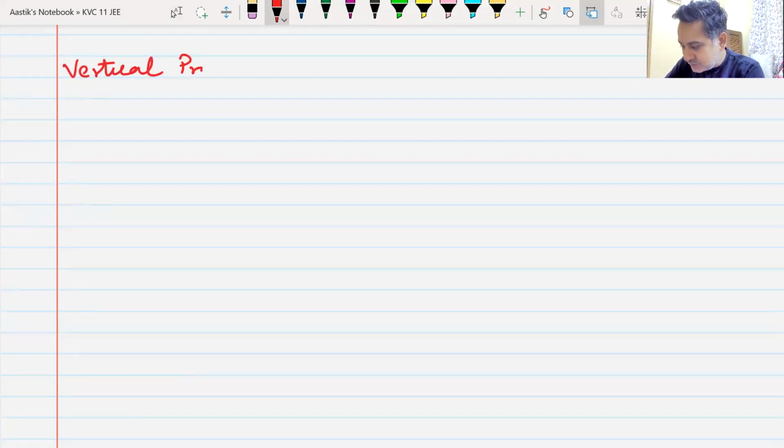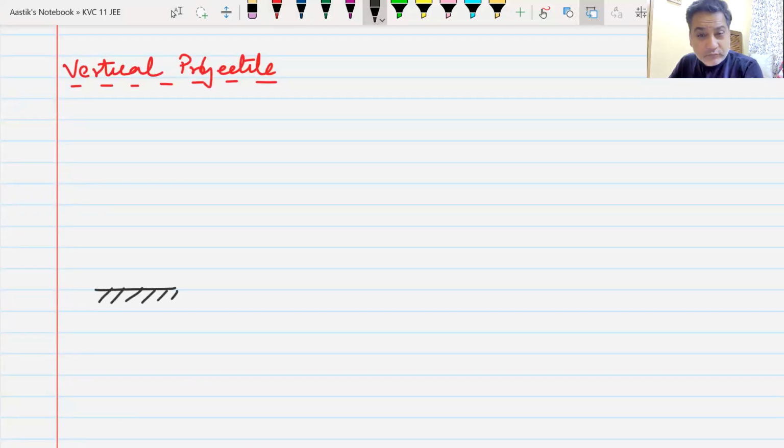Vertical projectile. Now, how does a vertical projectile look like? I am on ground. Since you have told me that you have done projectile before, how will a vertical projectile look like? No idea?